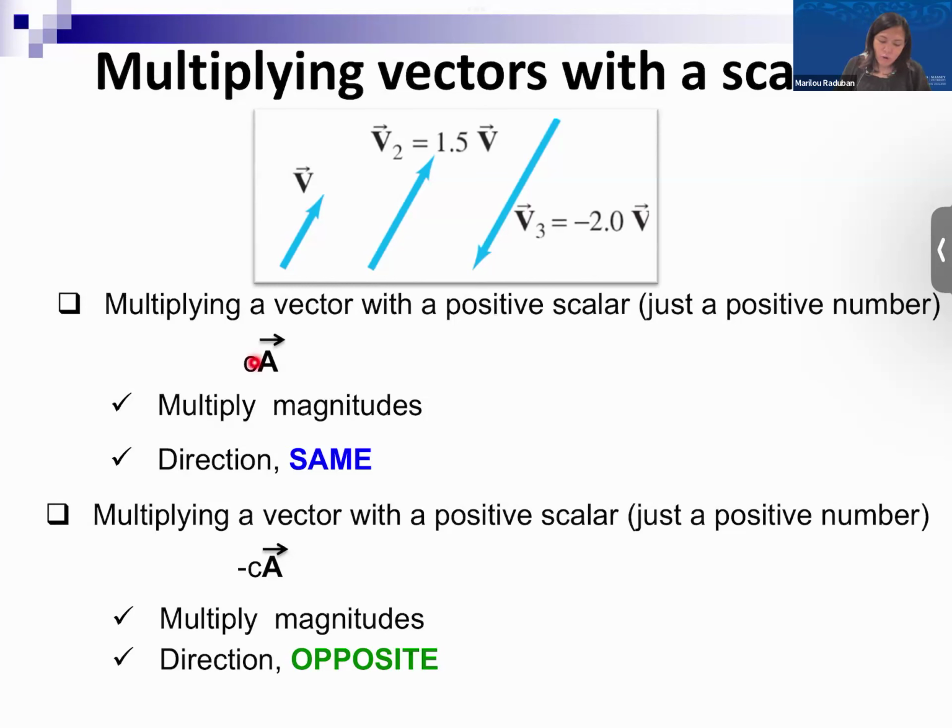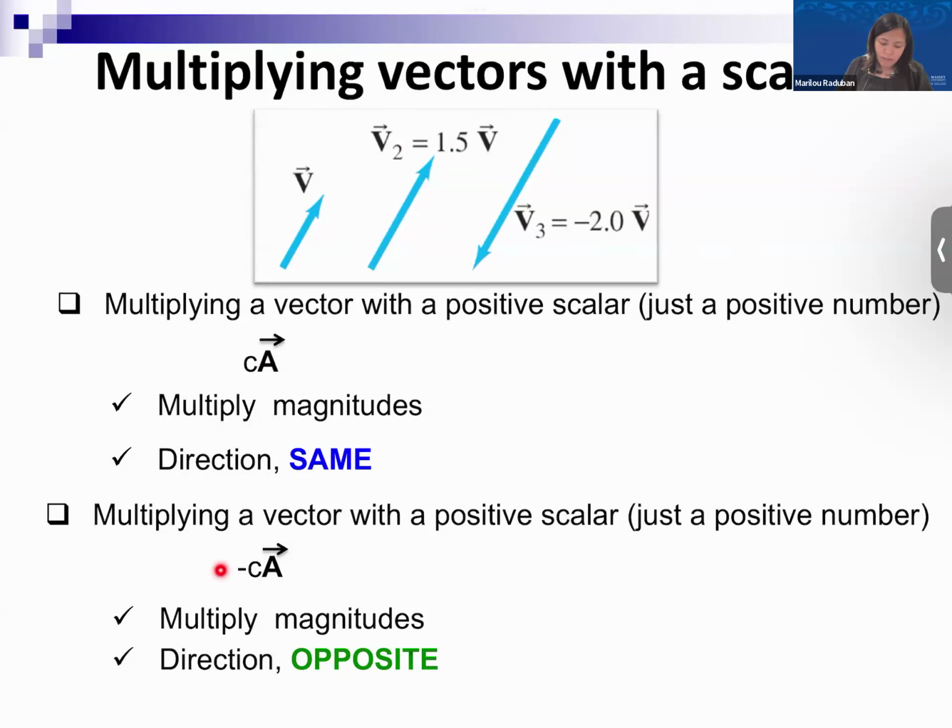The sign of the scalar that is being multiplied to the vector could influence the direction of the vector. If the scalar quantity is a positive number, then the direction of the vector would be the same as the original vector.